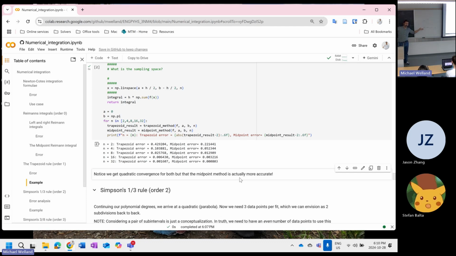You need one more data point, right? So what Simpson does is he joins two of these intervals. It's quadratic, right? And then you can just repeat that over here, fit another quadratic, right?